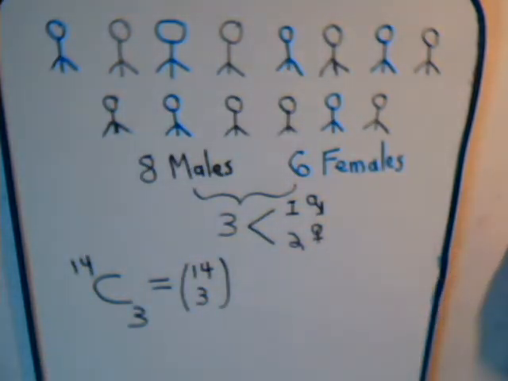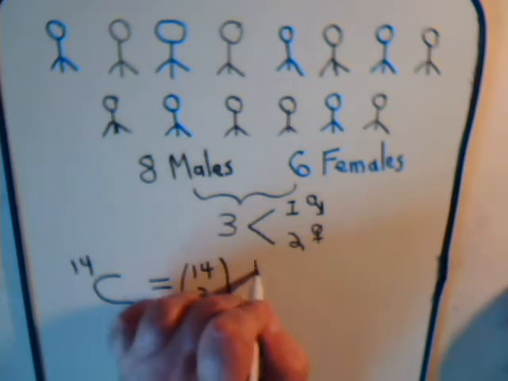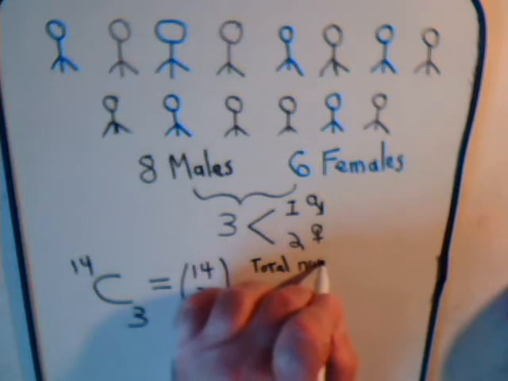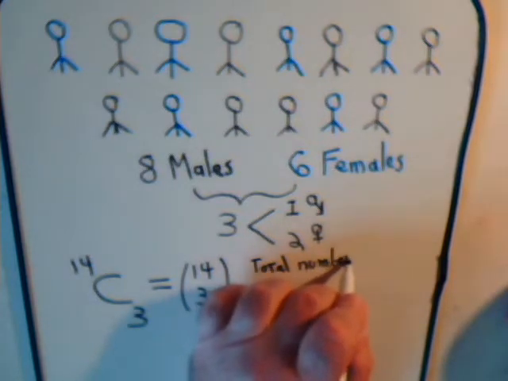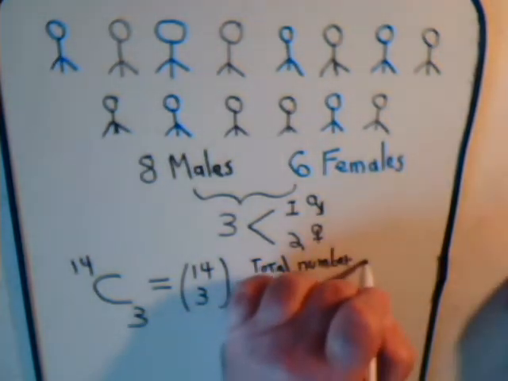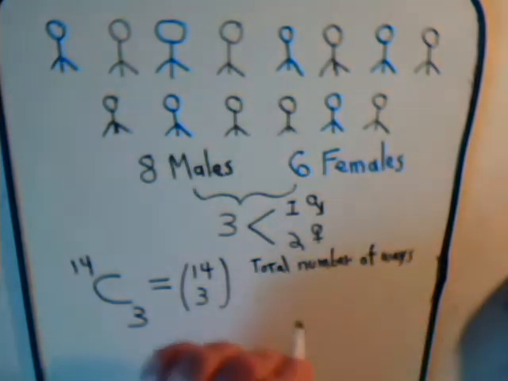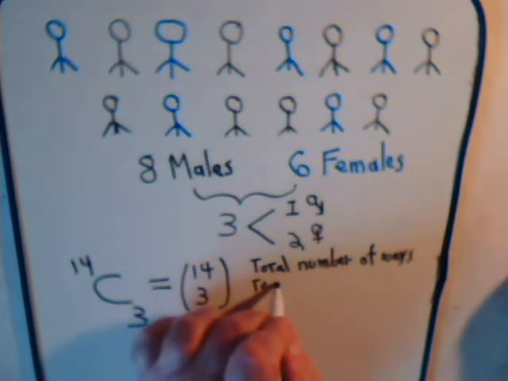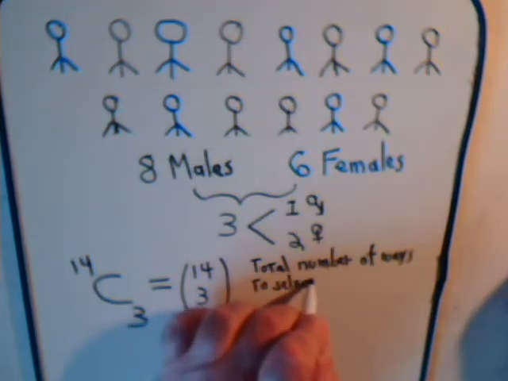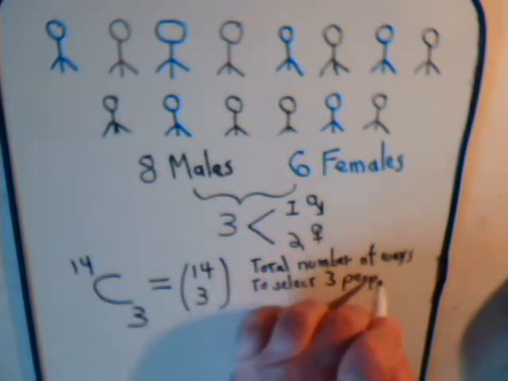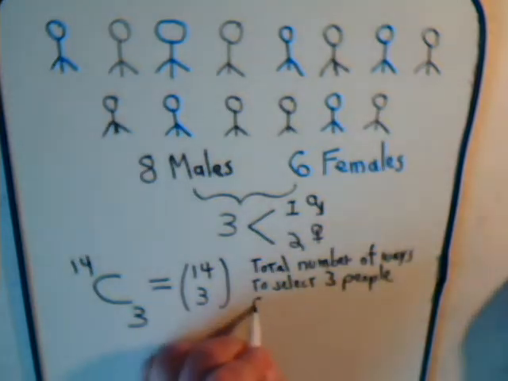So this is the total number of all possible selections when you're choosing 3 people. So this is the total number of ways to select 3 people from a group of 14.